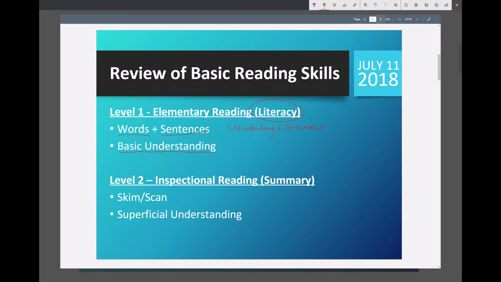So you have more words that you know, and you know more rules in reading different sentences. So here you see how vocab will help you understand more words, and better grammar will help you understand and write better sentences. And this is at the basic level of basic understanding. What would this look like?